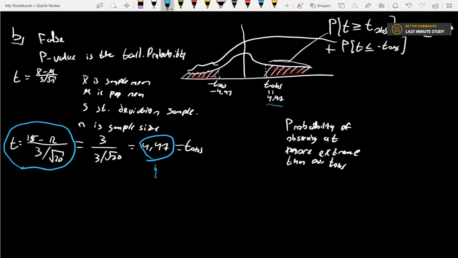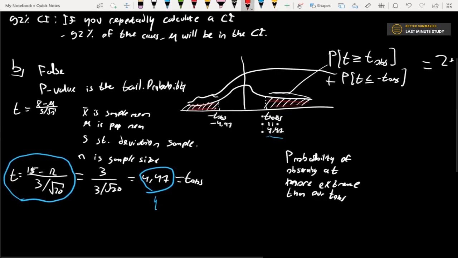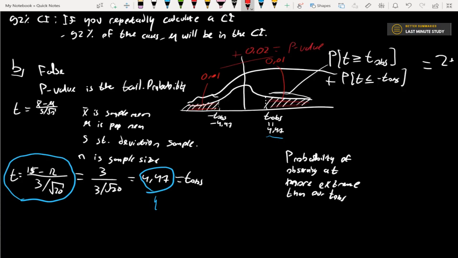So that's here. But by symmetry, it could also be smaller than, right? That's in this two-sided hypothesis test. So in that case, this will be 0.01, 0.01, add them up, 0.02 is your p-value, right?